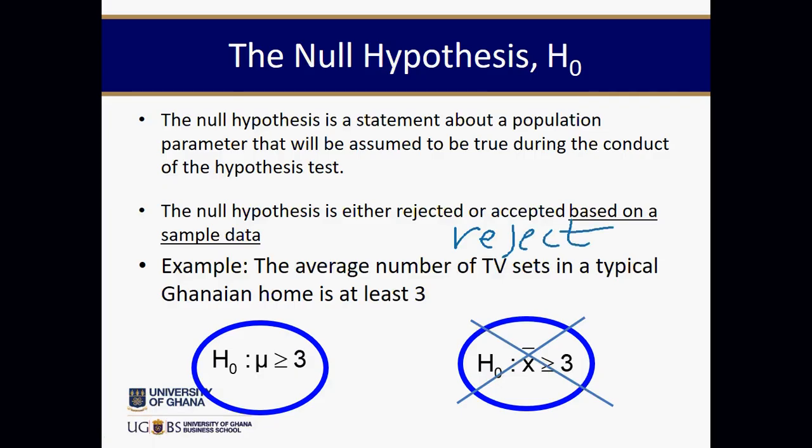And then if we fail to reject, or if we are accepting the null hypothesis, then we should just write fail, meaning that we fail to reject. So when we are rejecting, we write reject. But when we are accepting the null hypothesis, we fail to reject. So we just write fail there, and when it is reject, write only reject. Then that's what we are going to type in there. Keep this in mind.